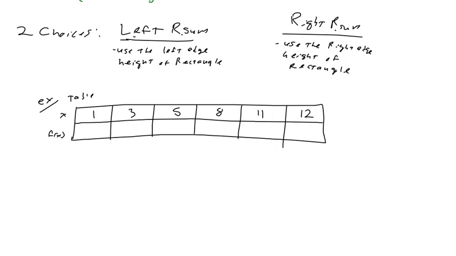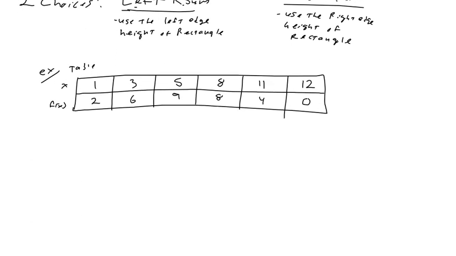And f of x, let's say this is going to be 2, and then 6, and then 9, and then 8, and then 4, and then 0. Some function, we don't know what it looks like, we just have a table of values representing some function.